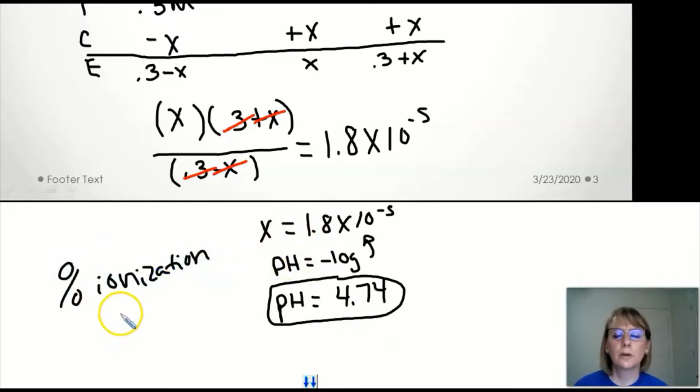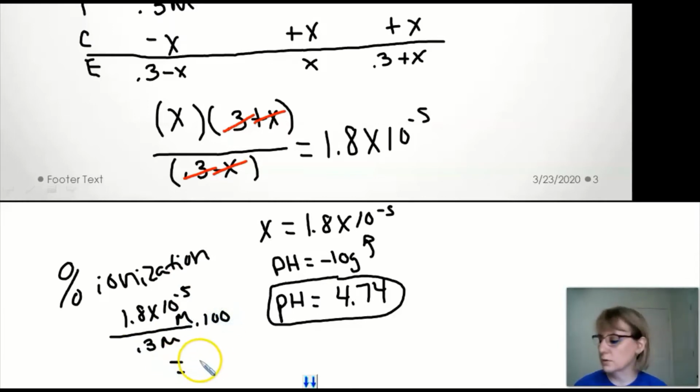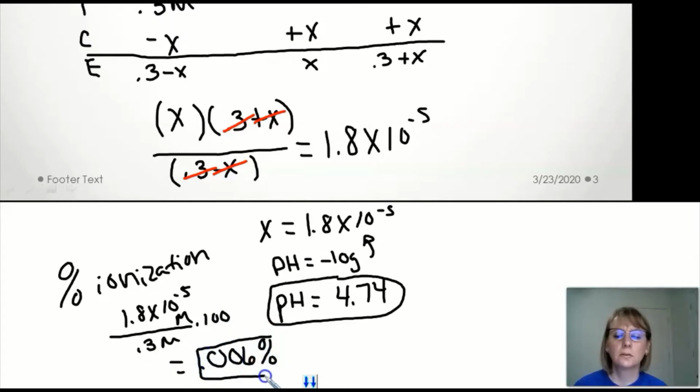So it is your X over your initial, which was 0.3. And we are now going to see that the percent has gotten a lot lower. So a second ago, it was 0.77, and now it's even breaking down less, again, because of that common ion.